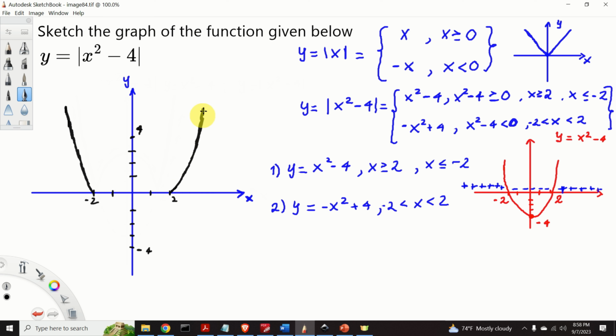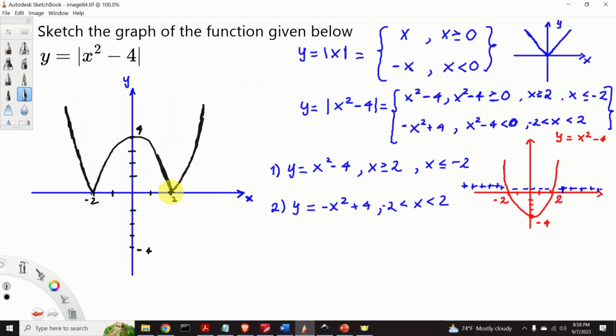These branches are simply the branches of this function. However, when x is in the interval from minus 2 to 2, our function will look like this. That is, it will look like this. And that's it. That's the solution.